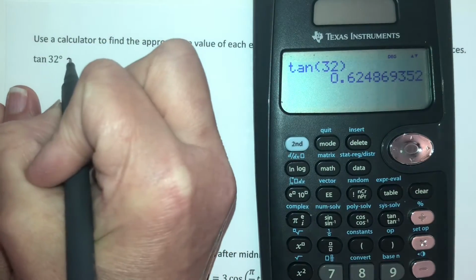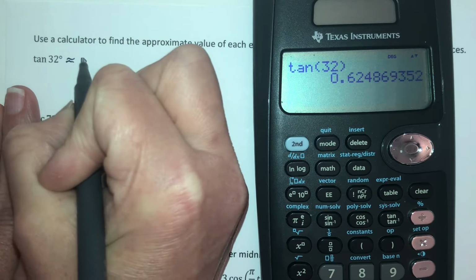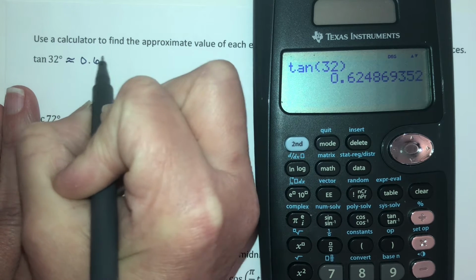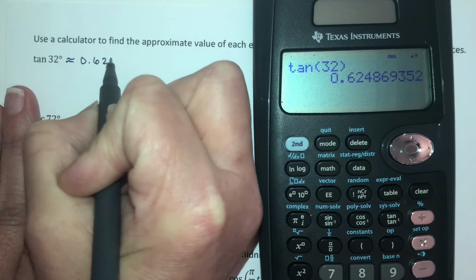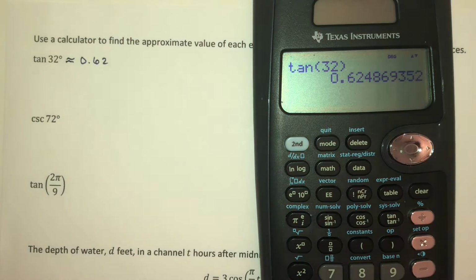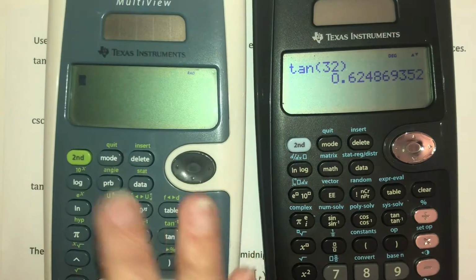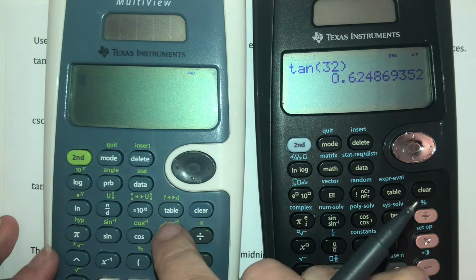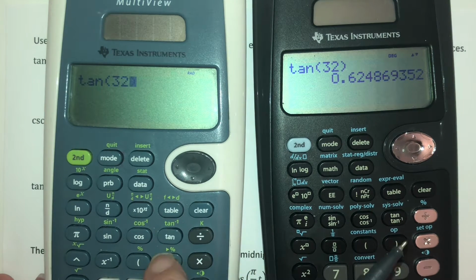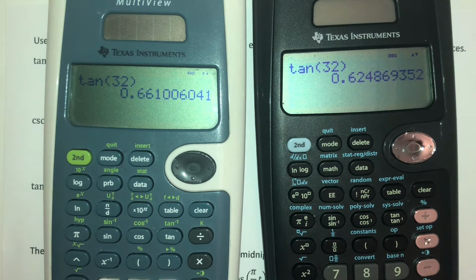So this is approximately 0.62 is your value. Now, what happens if you accidentally do that in radians? You can see that you get a very different value. So you cannot trust your calculator unless you are really positive that you are in the correct mode. Okay?